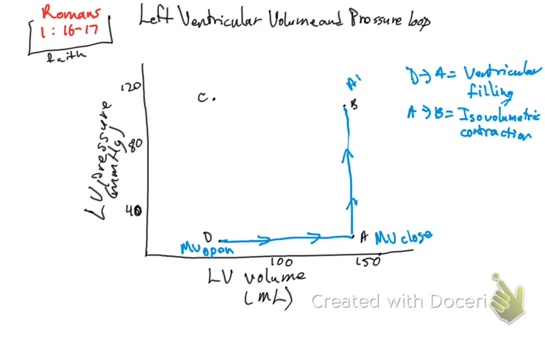Once the aortic valve is open, you go from B to C. The blood is coming out, and from B to C is ventricular ejection.